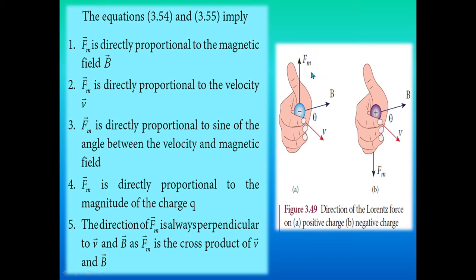Then the fifth point: the direction of the Fm vector force is always perpendicular to the magnetic field and the velocity of the charge. So the direction of the Fm vector is always perpendicular to V vector and B vector, as Fm vector is the cross product of V vector and B vector.